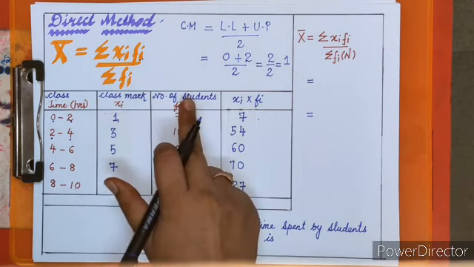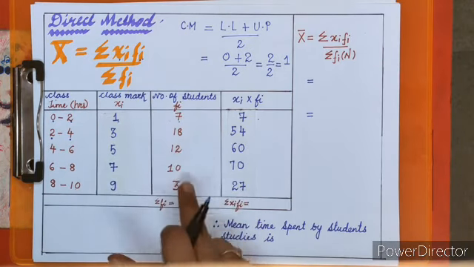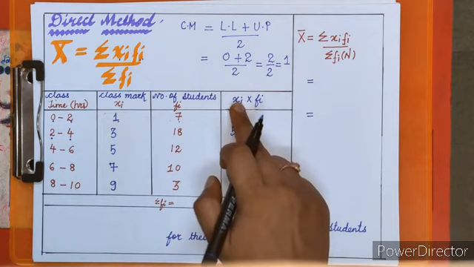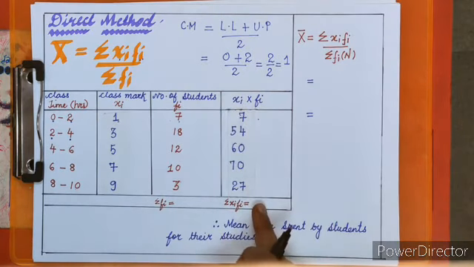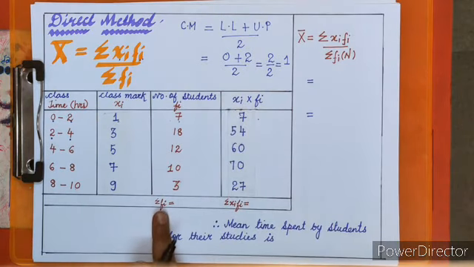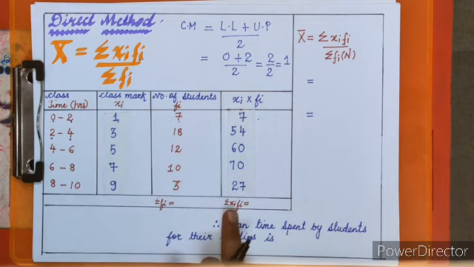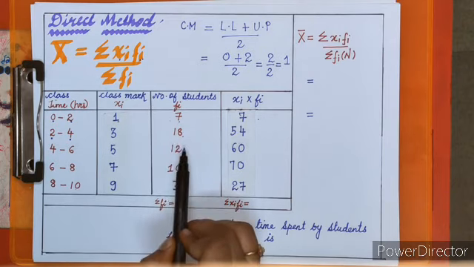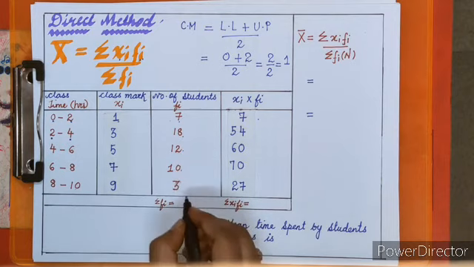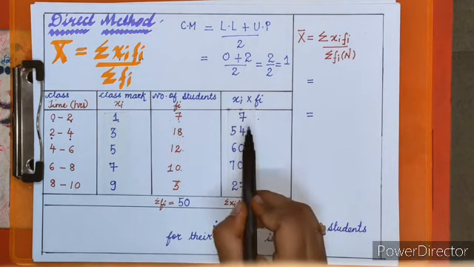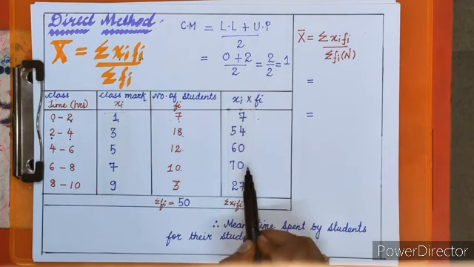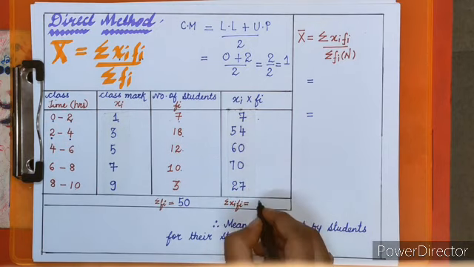Now your next step is to add the frequency and the product of class mark into frequency, which is read as summation of frequency, summation of class mark into frequency. 7 plus 18 plus 12 plus 10 plus 3 gives you 50. Here 7 plus 54 plus 60 plus 70 plus 27 gives you 218.